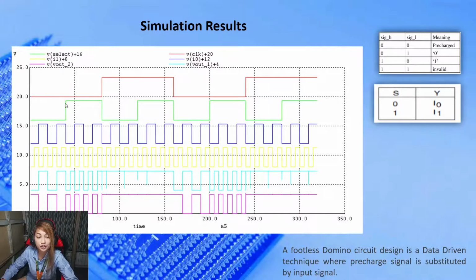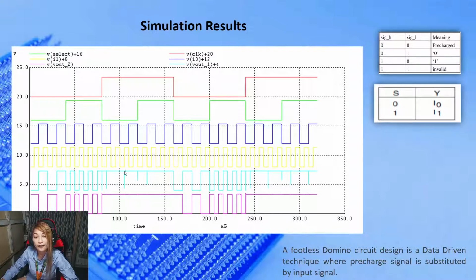So this is pre-charge mode, this is the clock, and then we have 0 and 1 in a single period, and half period of the clock. So 0 means the output will be all the data input from I sub 0. This is our I sub 0. When the switch is high, the output will be all the data input from I sub 1.